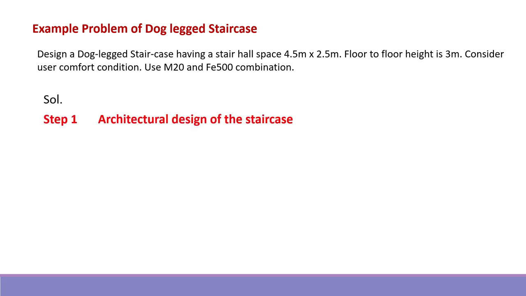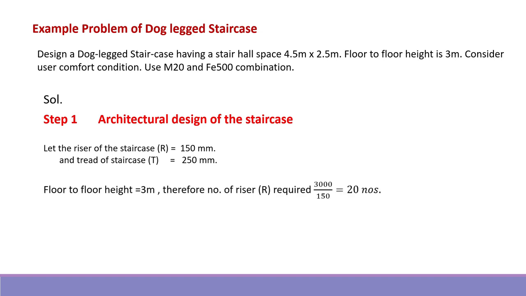First of all, in step 1 we will discuss the architectural design of the staircase, wherein the user comfort condition will be considered. Let us consider the riser R equal to 150 millimeter and the tread of the staircase T equal to 250 millimeter, wherein the floor to floor height is 3 meter.